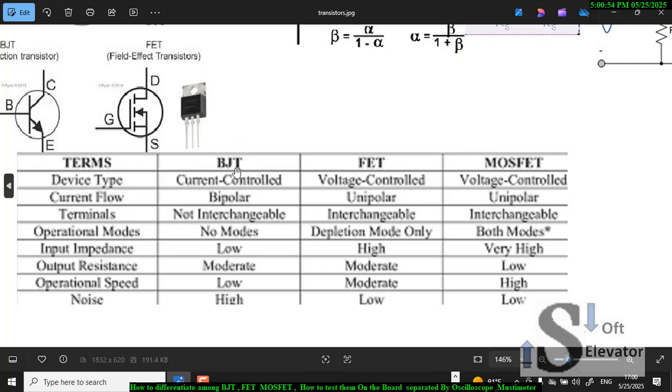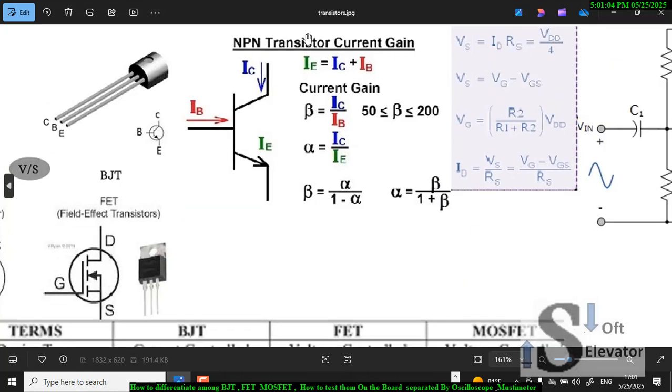BJT is a good amplifier, while FET or MOSFET works very well as an electronic switch. If we have a great beta, we have great amplification. How to calculate beta? I collector over I base.